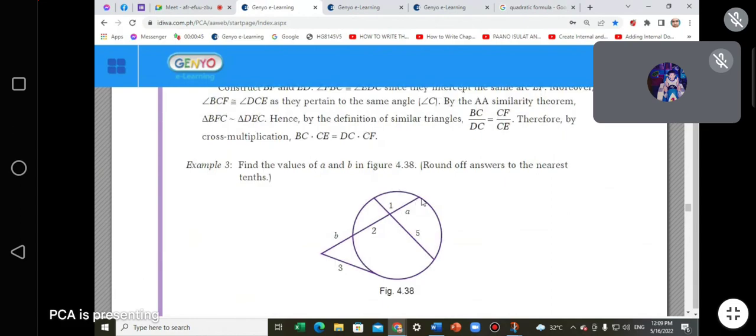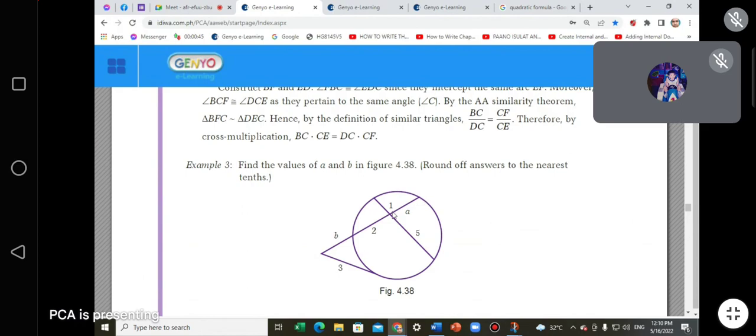Hindi po ito angle, ha? Okay, nanahimik muna tayo sa angle. Baka segment ako ng segment dito, tapos ang perception, how you perceive my teaching is an angle. I never actually said the word angle or angles, no? I've been saying it's segment. For the last theorems that we are discussing, it's segment.